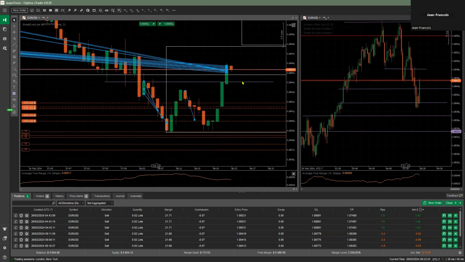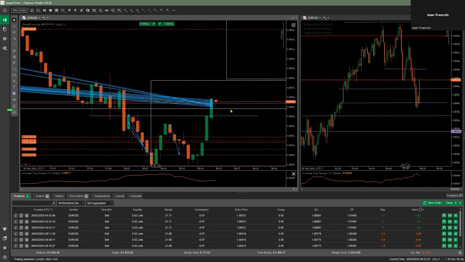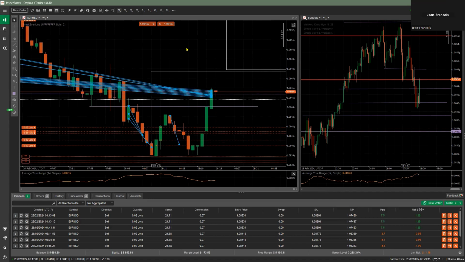You notice how my average price moved, and if I sell, it will move in my favor. I just want it to go up to here so I can sell a little bit more.